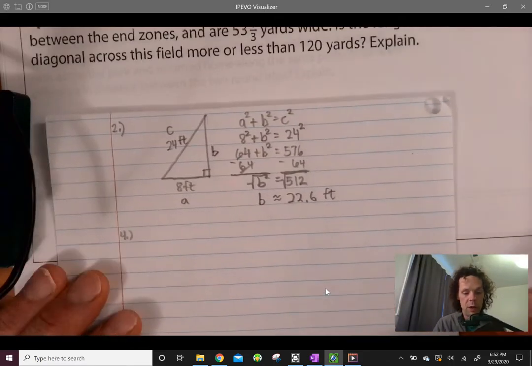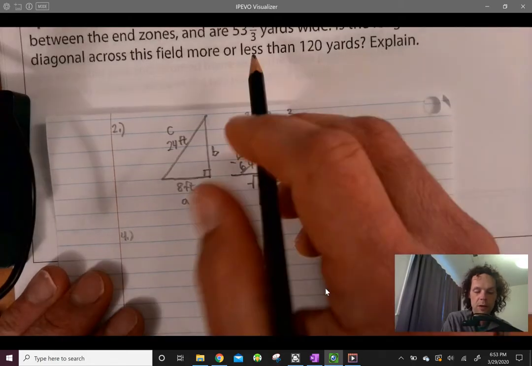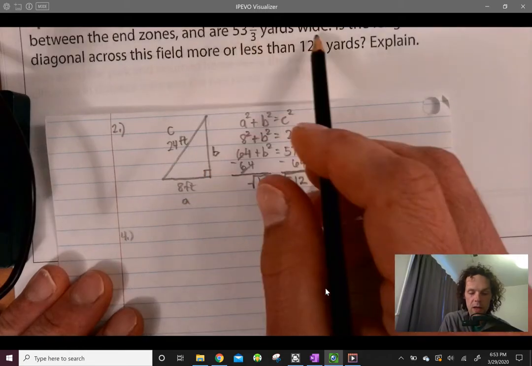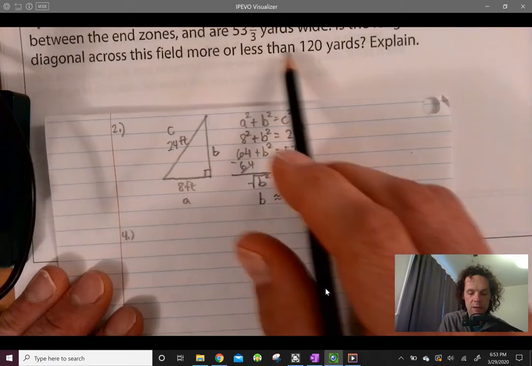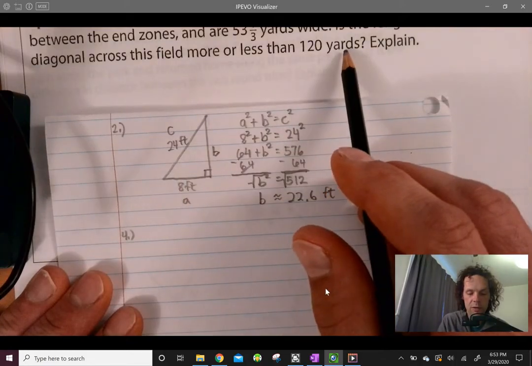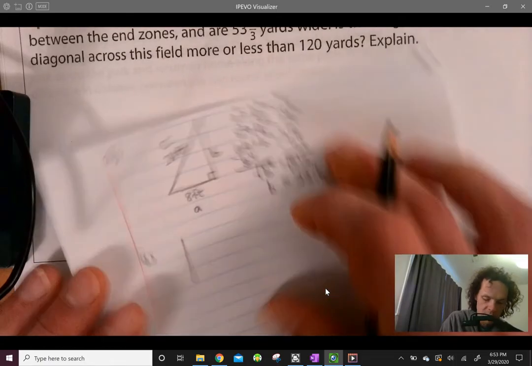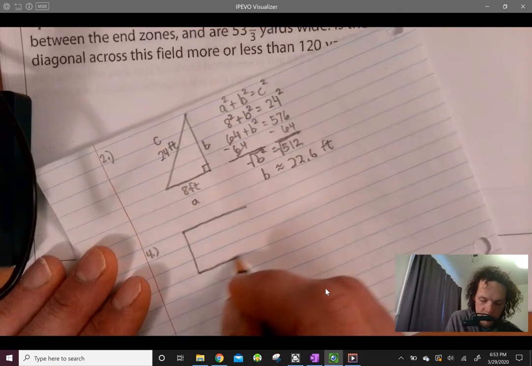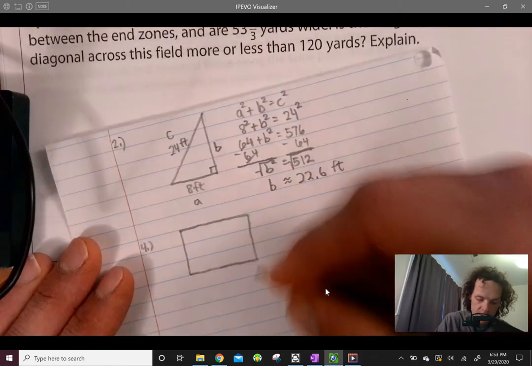Okay, we've got an American football field that measures 100 yards long between the end zones and 53 1/3 yards wide. Is the length of the diagonal across the field more or less than 120 yards? All right, so I'm going to draw this football field. It's a rectangle. It's longer than it is wide. I've got my 2 end zones.